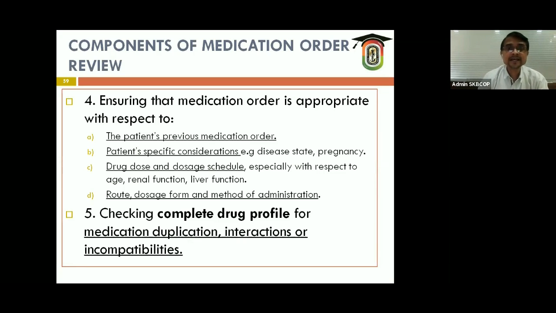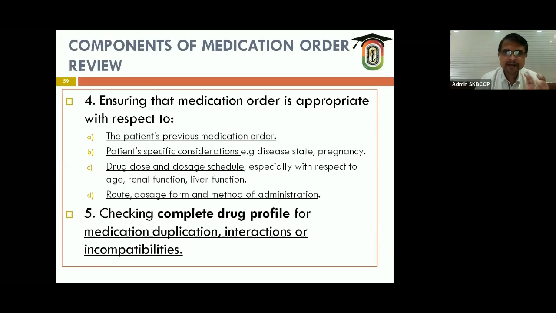दैट विल टेल वेदर देयर इज अ मेडिकेशन डुप्लीकेशन, मतलब कोई सिमिलर टाइप का मेडिकेशन दिया गया है या नहीं. It happens many times that some medication might be duplicated, in the form that nowadays we have a combination of medication.